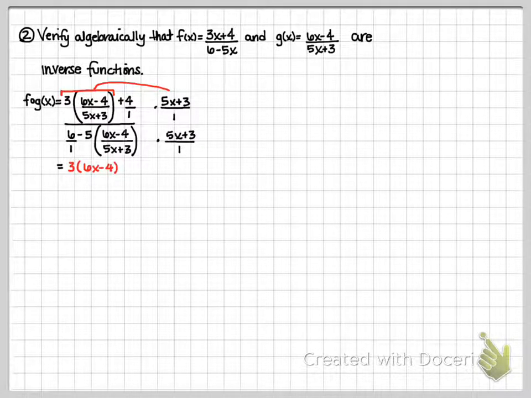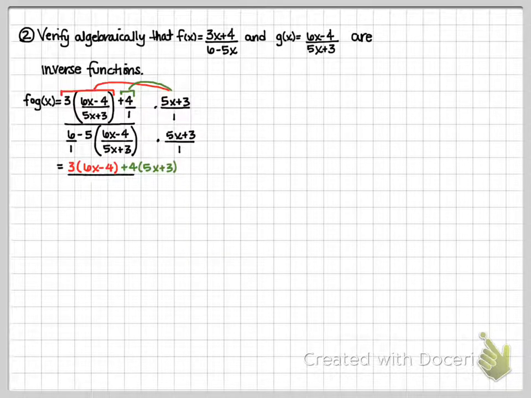Then, let's move on to the next one. I'm going to do the same thing here. So my next term is this 4. If I distribute by 5x plus 3 to my 4, I'm just going to get a 4 times 5x plus 3. All over.